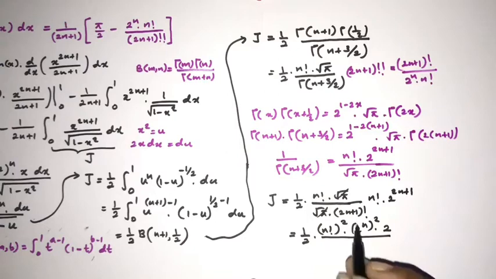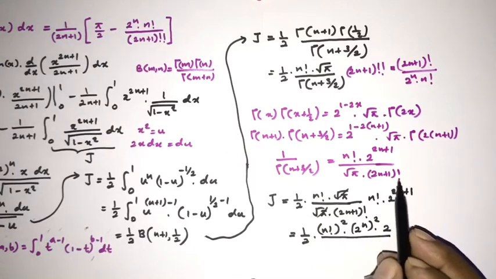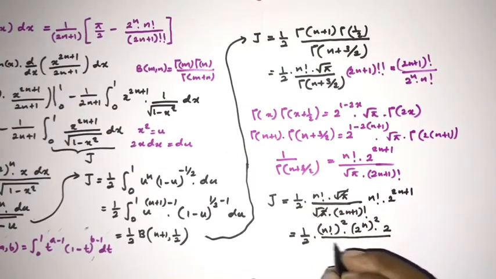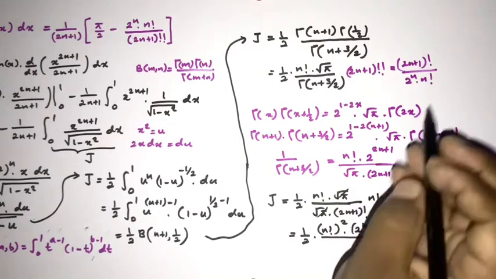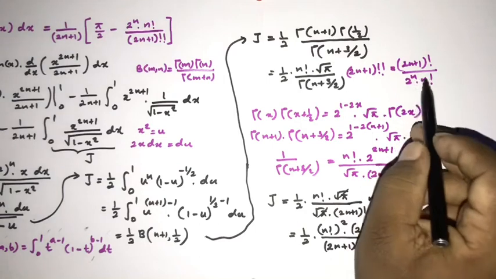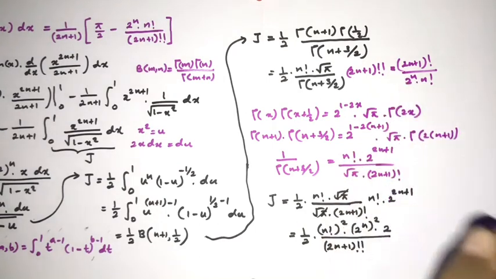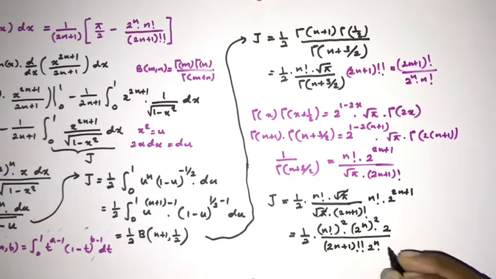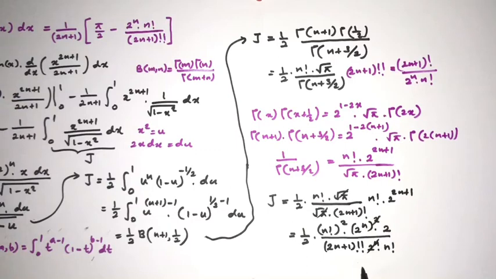So instead of 2n plus 1 factorial we can write 2n plus 1 double factorial times 2 raised to the n times n factorial. Okay, now we know 2 raised to the n gets cancelled, this 2 gets cancelled, this n factorial gets cancelled.